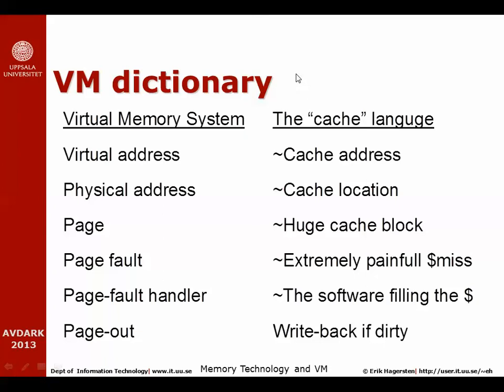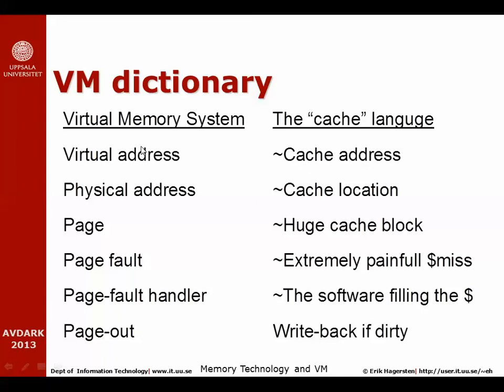So finally, we look at the virtual memory system as a cache, and we try to map the features we have in the virtual memory system to the cache language that we used before. We had the virtual address, and that is the address we used in our drawings of the caches, so it's a cache address.